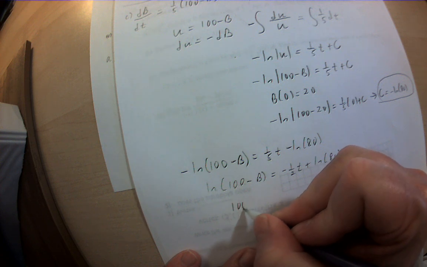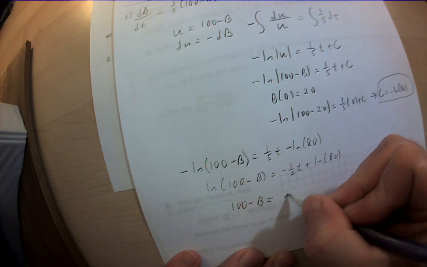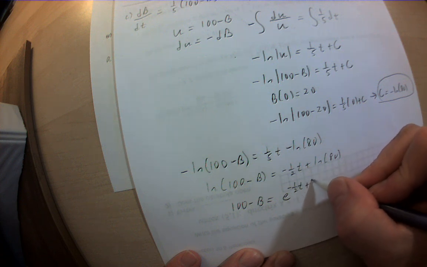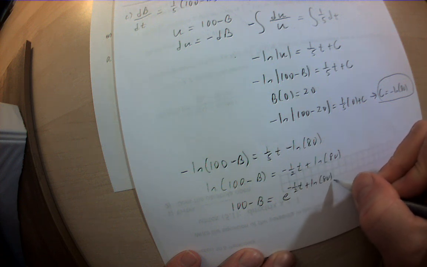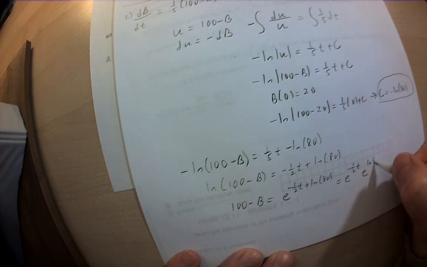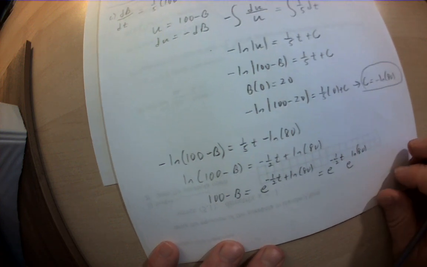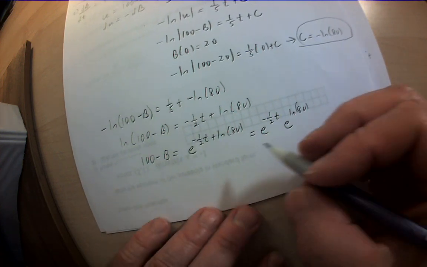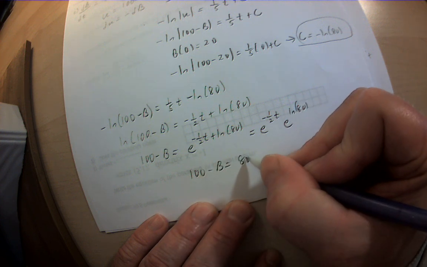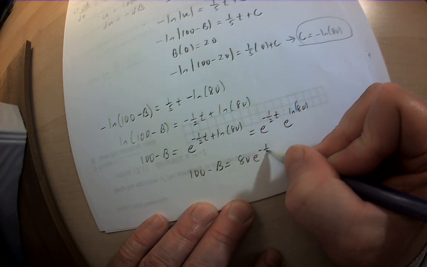So 100 minus b equals e to the -1/5 t plus the natural log of 80, which equals e to the -1/5 t times e to the natural log of 80. Remember your exponential rules, this is just 80. So I get 100 minus b equals 80 times e to the -1/5 t.